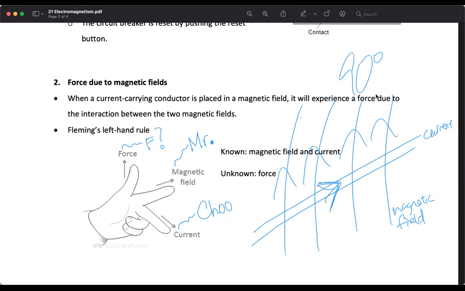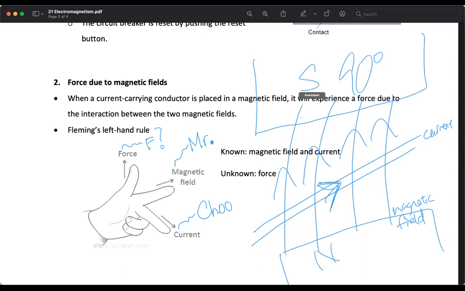So it's a very powerful concept, because I can put a north pole of a magnet here and a south pole of a magnet here, and put a current in between. This wire will move, either out of or into the page. Let's imagine the current is moving from left to right of this screen. The magnetic field is moving from down to up.